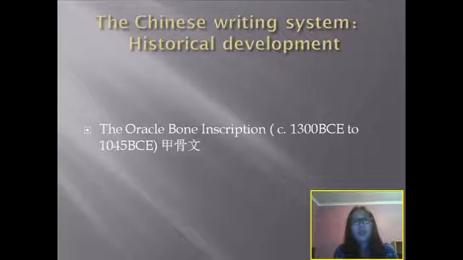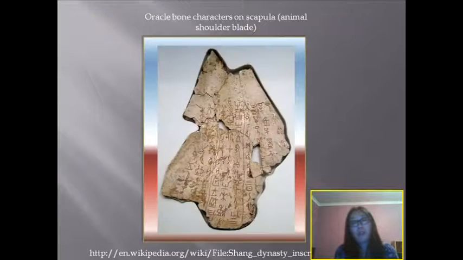The oracle bone inscriptions were used roughly from 1300 BCE to 1045 BCE in the late Shang dynasty. The Shang dynasty was in today's Henan province, and the exact position of the late Shang dynasty was in Xiaotun village, Anyang city, Henan province.